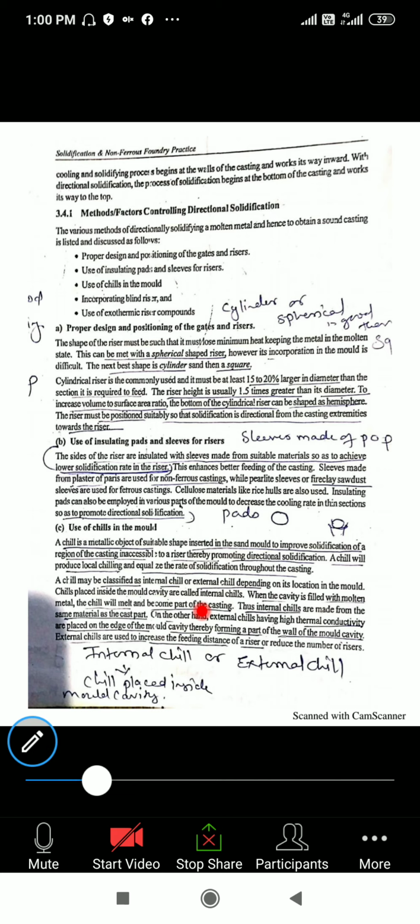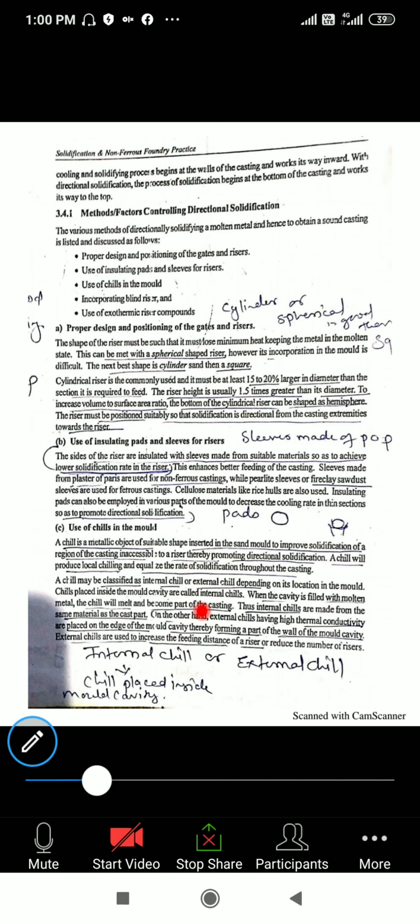The molten metal which is stored in the riser should be solidified last, after the runner and the mold cavity material solidification, because the riser supplies the liquid molten metal to the solidifying material in the cavity.